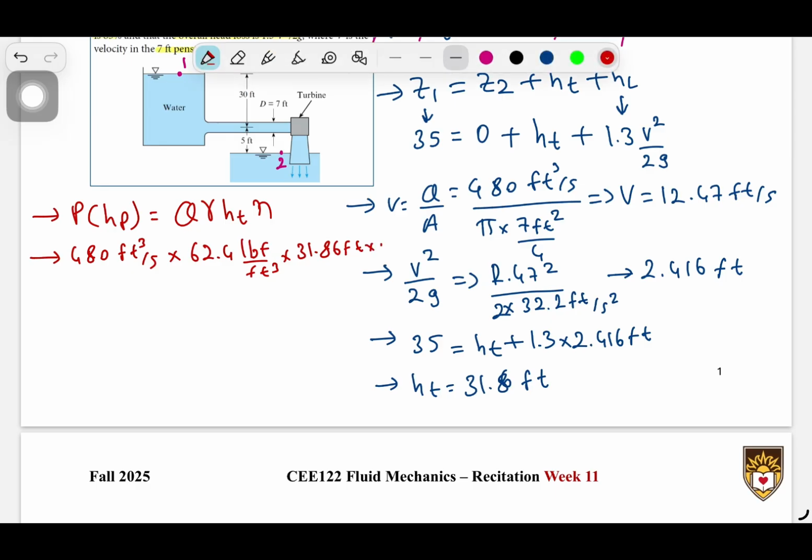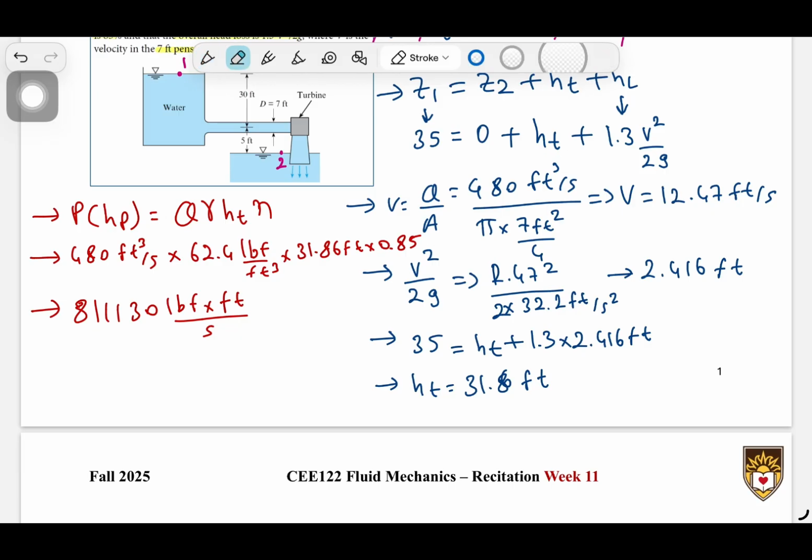And we have efficiency. So this is going to give 8,111.30 pound force times feet per second.